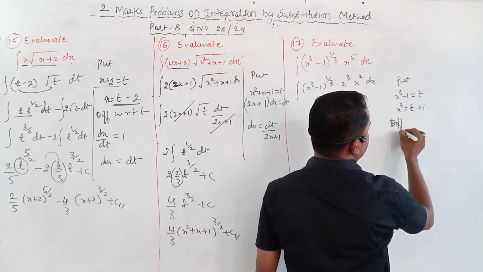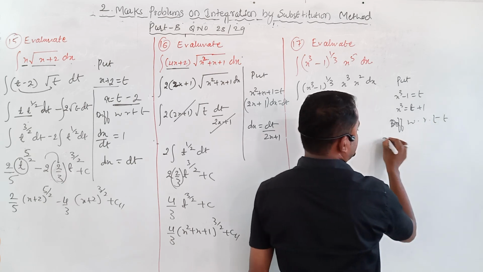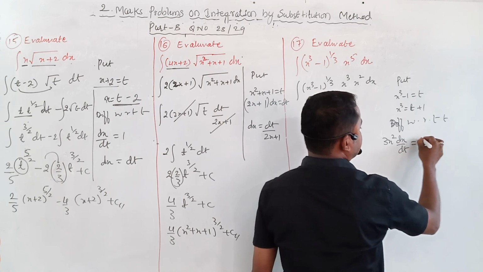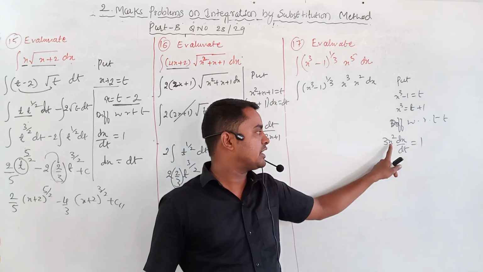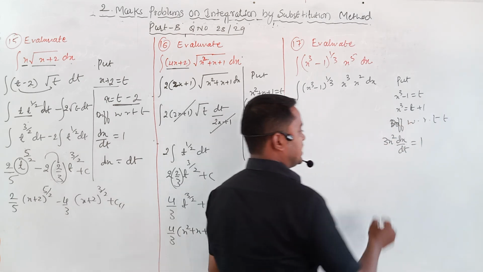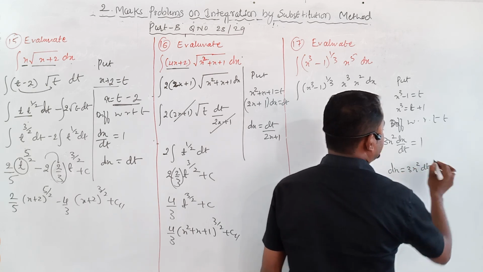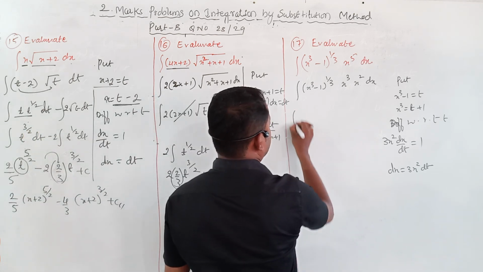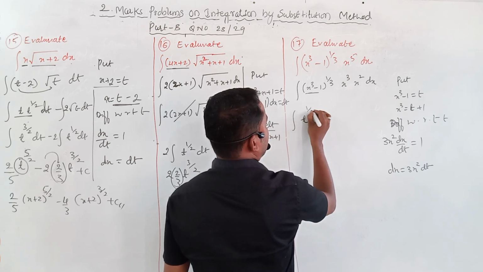Now differentiate with respect to t. The derivative of x cube is 3x square, times dx by dt, and the derivative of t is 1. So dx is equal to dt by 3x square. Then x cube minus 1 is t, so we have t raised to 1 by 3.